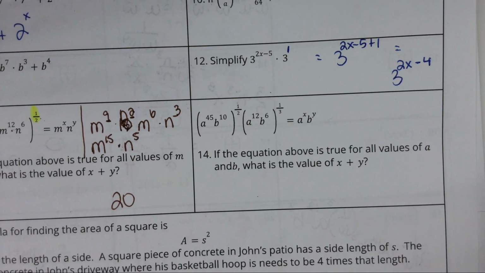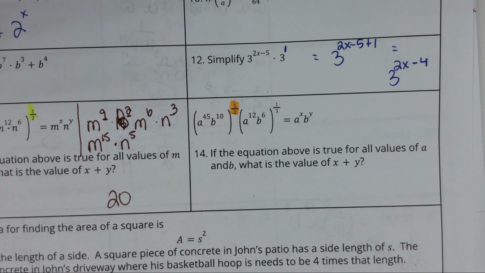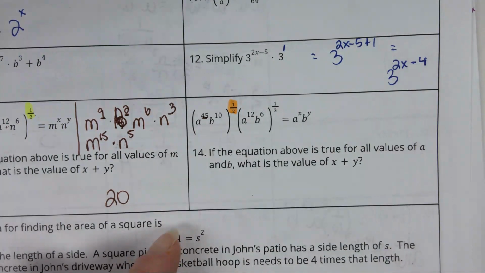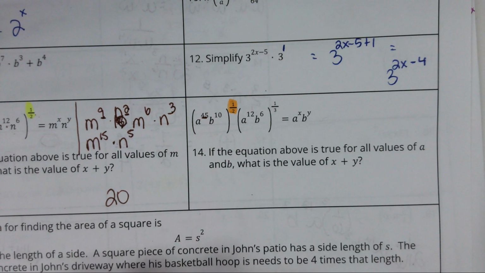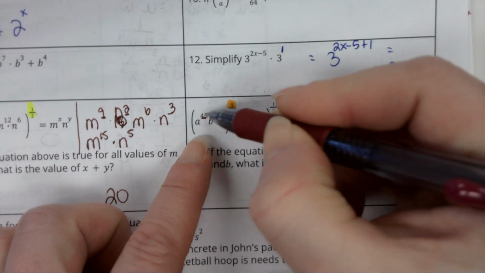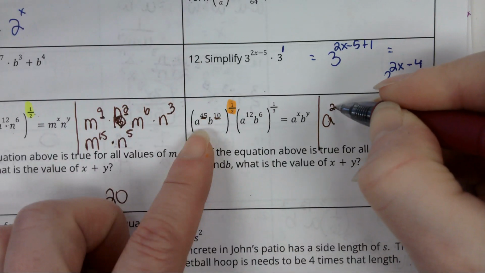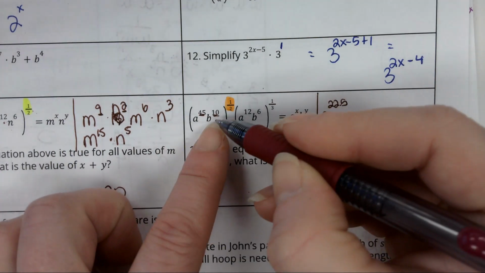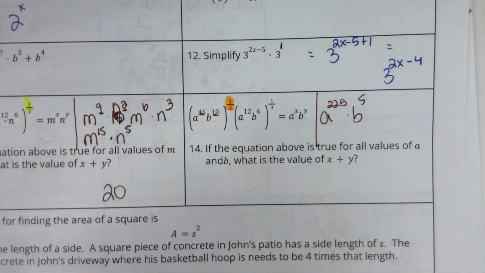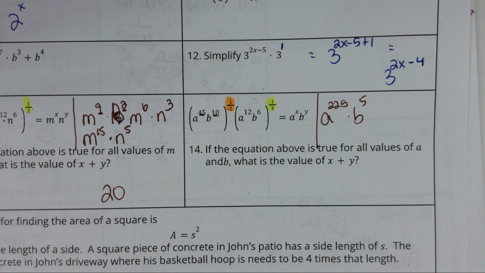Similar question. If I raise to the 1 half, that's like dividing the exponents by 2. Yeah, I don't love this question, but that's okay. 45 divided by 2 is a decimal. That's okay. A to the 22.5. What's 10 times 1 half? B to the 5th. Okay, this one I have 1/3, so I'm dividing by 3. Okay.